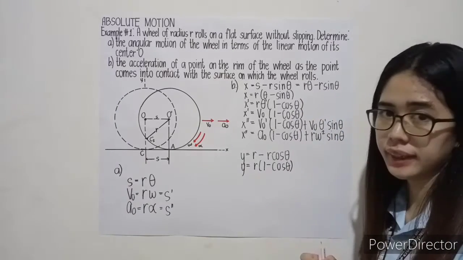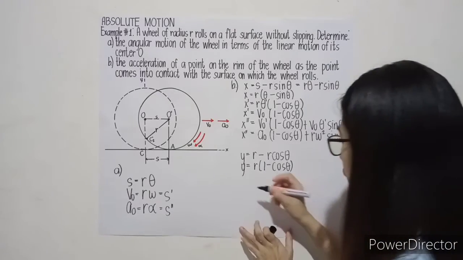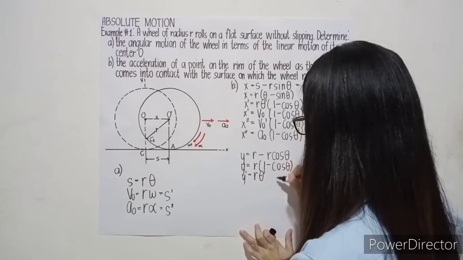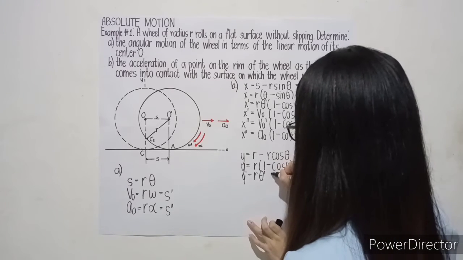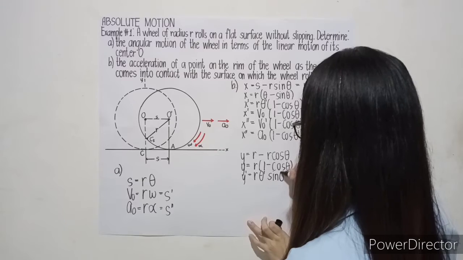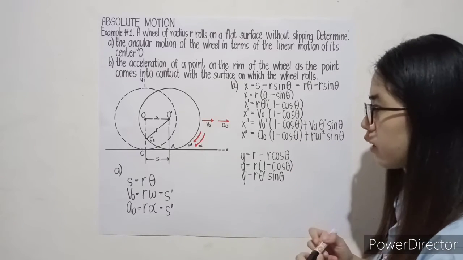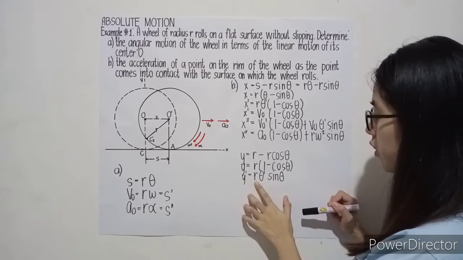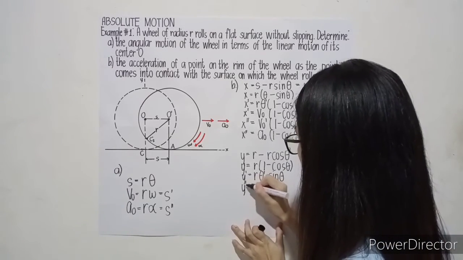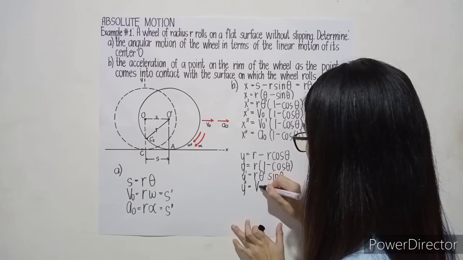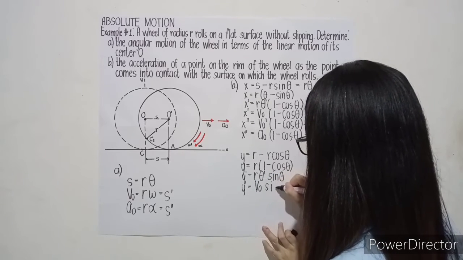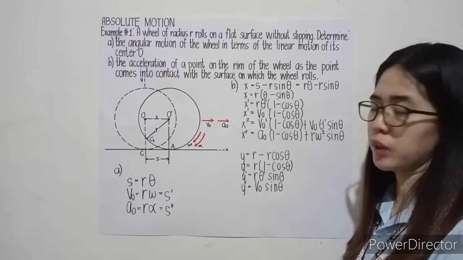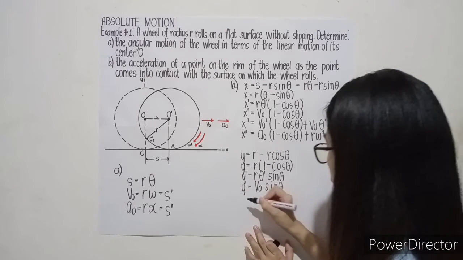And then next, the first derivative of y. So we have r theta prime times sine theta. Again, this theta prime is equal to the angular velocity, so it becomes v sub o multiplied by sine theta. After that, we proceed to the second derivative of y.